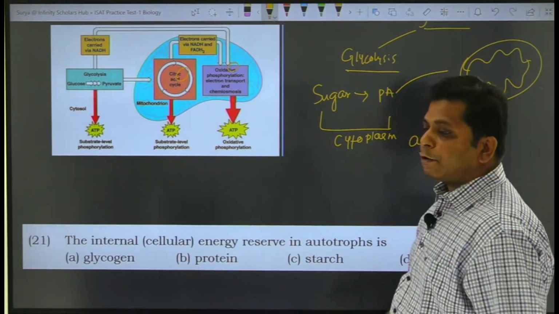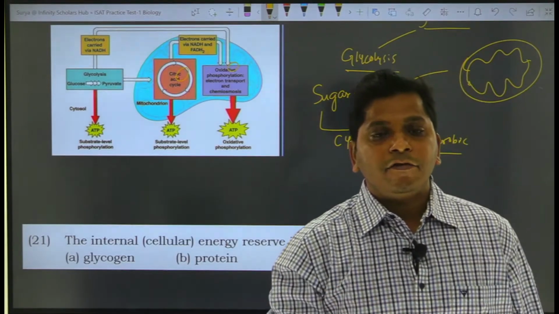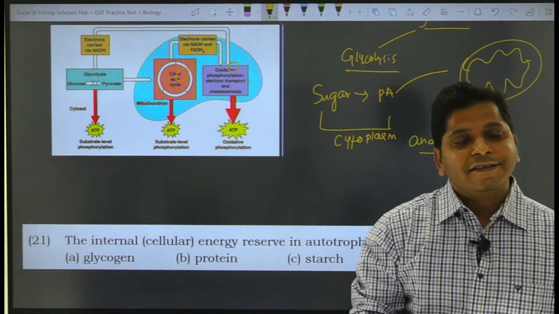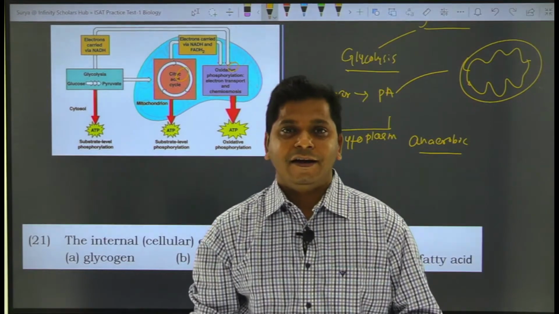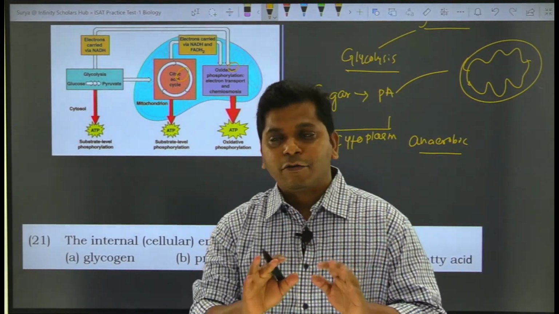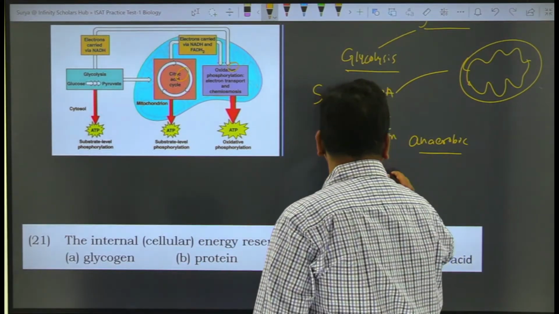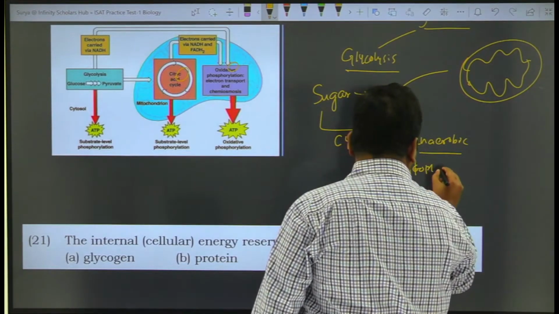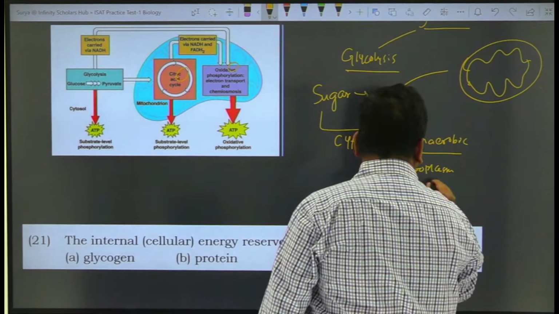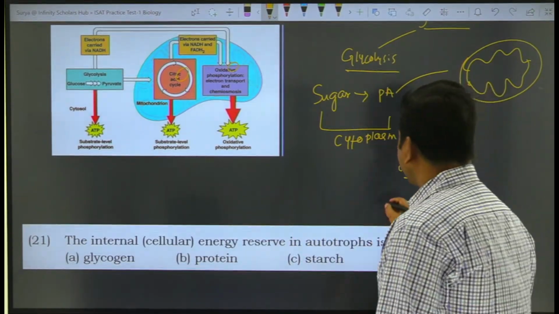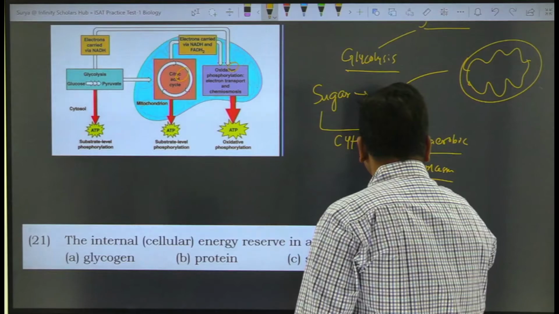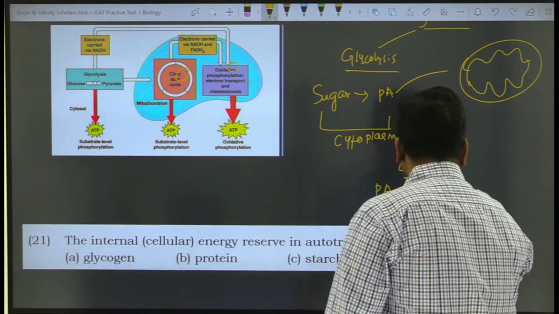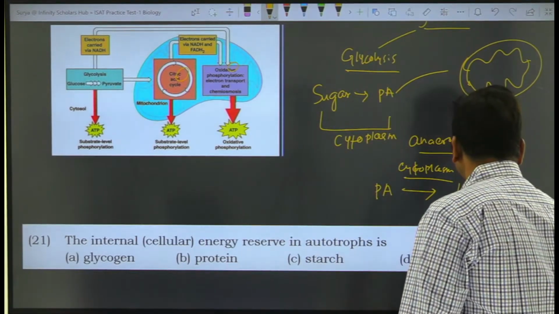In the anaerobic process, the breakdown of pyruvic acid doesn't take place in the mitochondria, it takes place in the cytoplasm only. Okay, it takes place in the cytoplasm. And here what happens? Pyruvic acid is broken down into lactic acid.